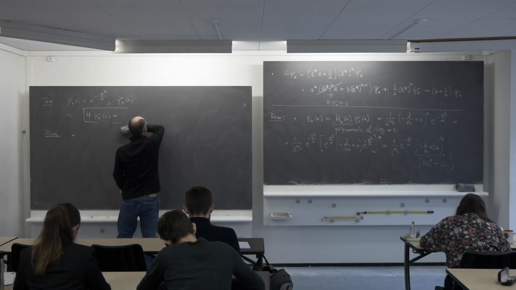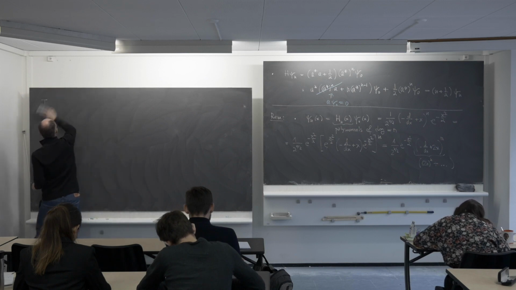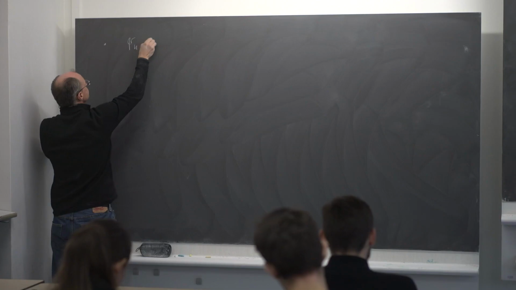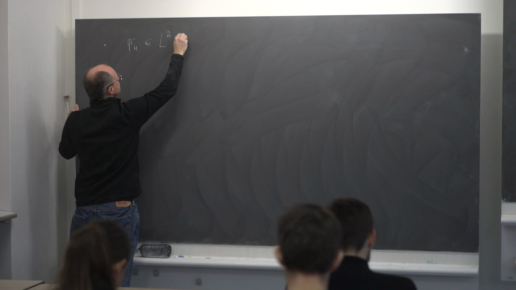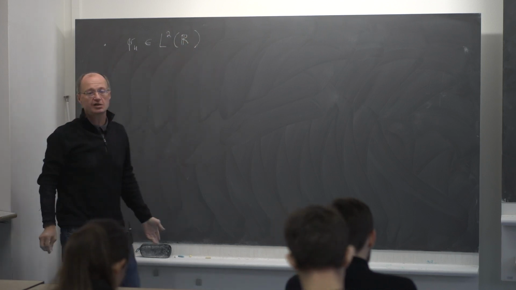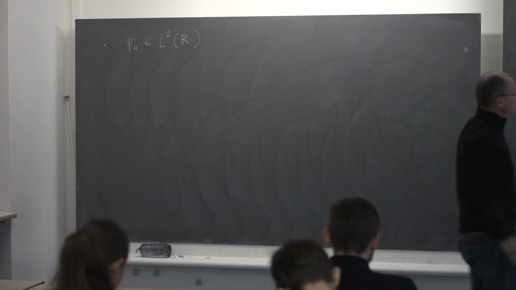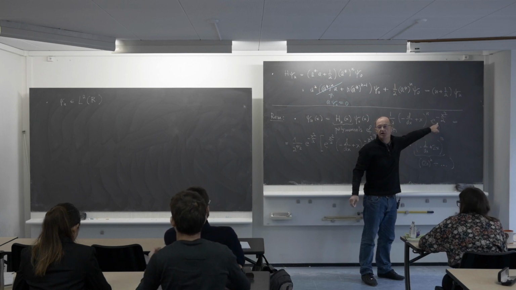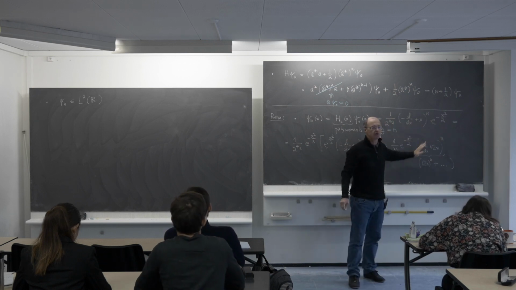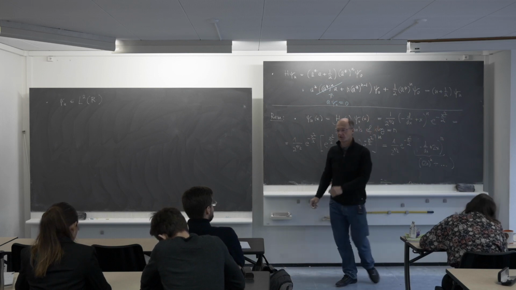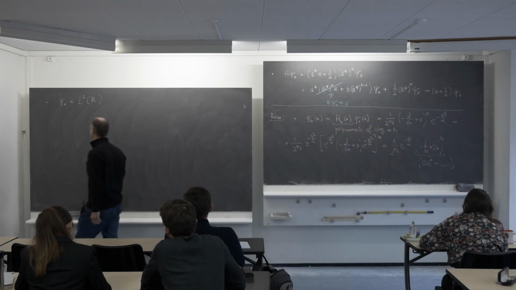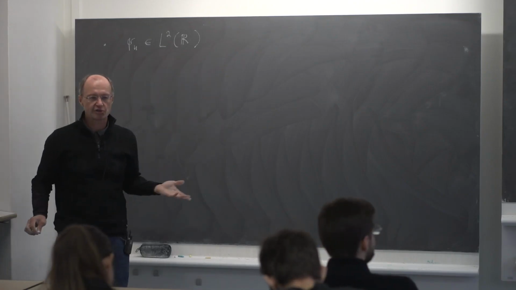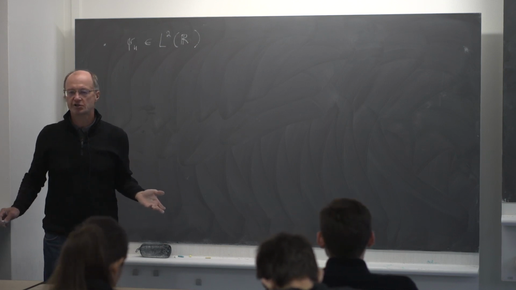The second remark is that actually all ψ_n's are in L2 of R. Well, of course, because this exponential decreases very fast at plus and minus infinity, and a polynomial growth is really nothing. So all these things are integrable. So actually, we happen to find actual eigenfunctions in the domain of definition.